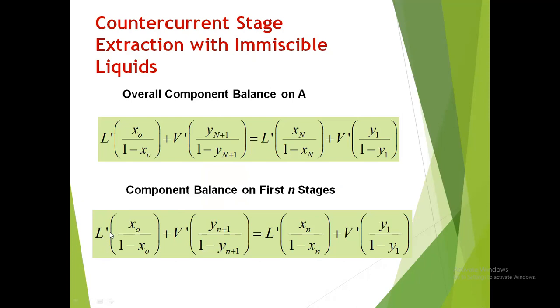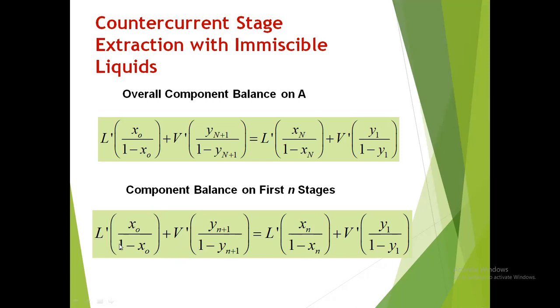That is why it's L prime. The V prime is the amount of your solvent without the solute, meaning if you have 100% pure solvent, then that is V prime as well because it does not contain your solute.